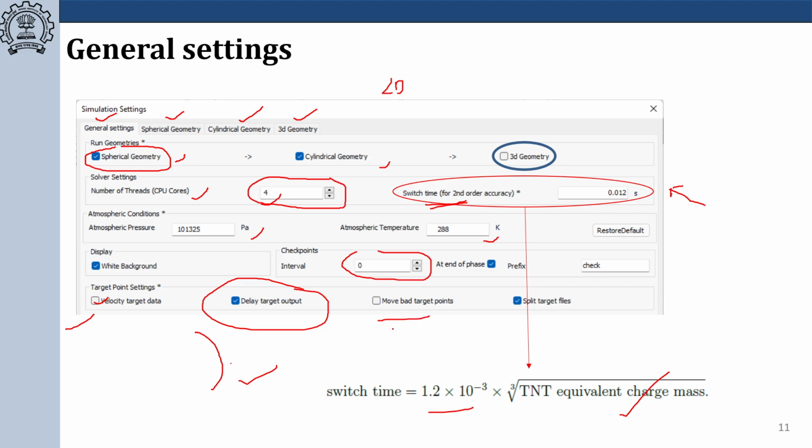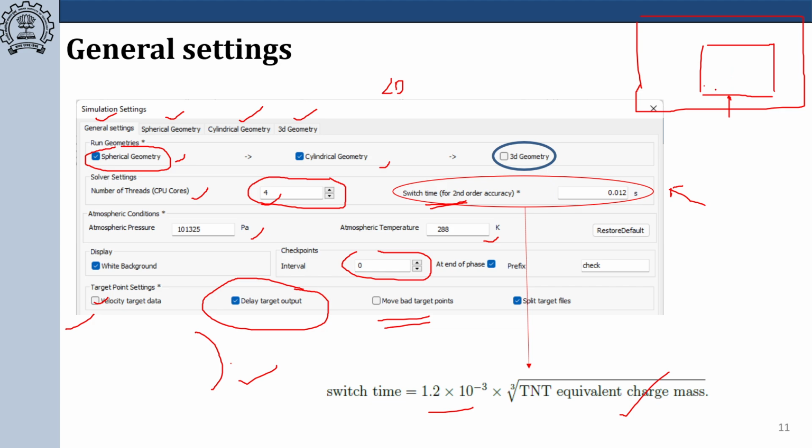And another one is move target bad points. When you are choosing a target point, sometimes the target point comes inside the domain, like inside your structure. When it is inside the structure, it cannot compute the data there, since it is a rigid boundary.